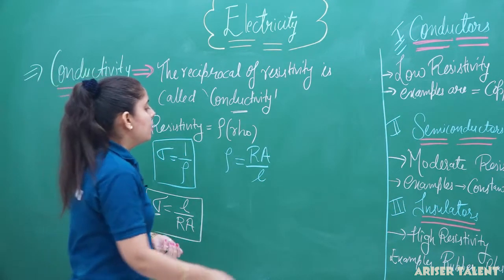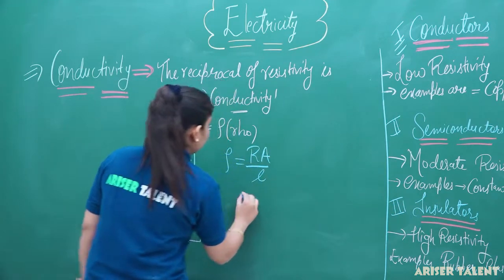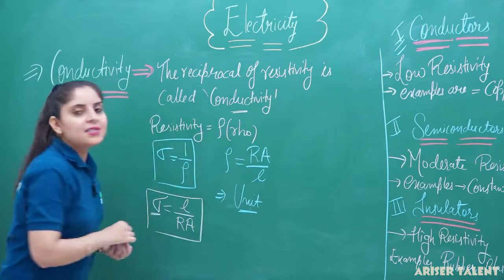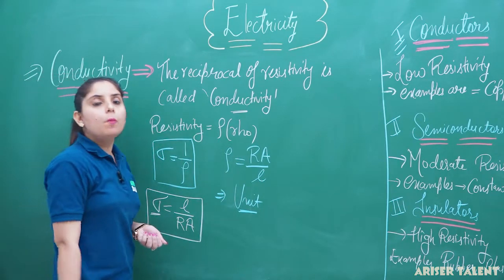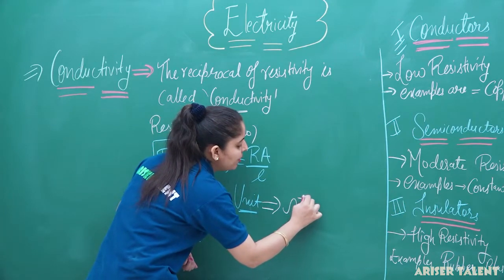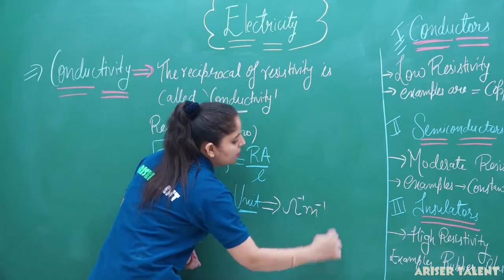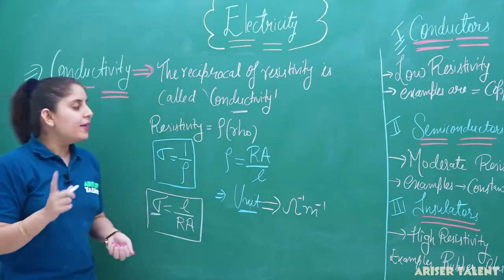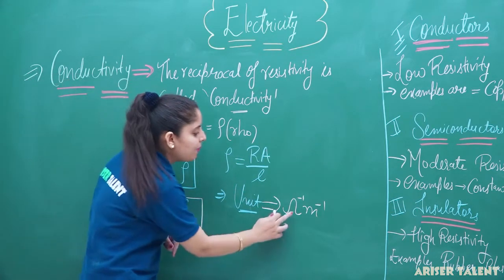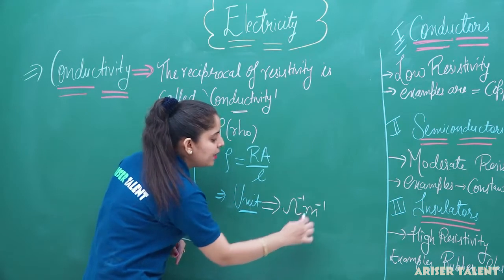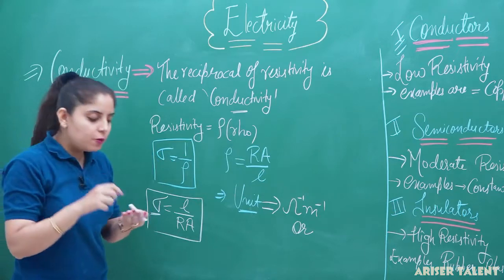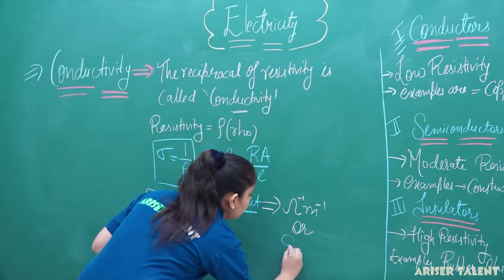Now, what is the unit of conductivity? The unit of resistivity was ohm meter, so the unit of conductivity will be ohm inverse meter inverse. Ohm meter is the unit for resistivity. So for conductivity we have the unit ohm inverse meter inverse, which in short form is known as Siemens.